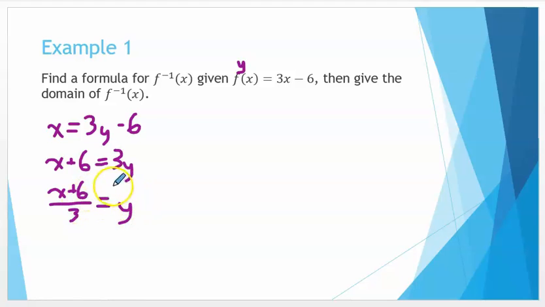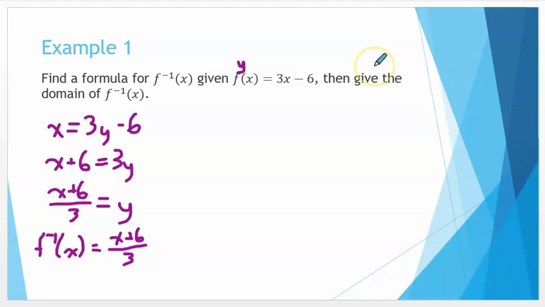Once you have solved the flipped equation for y, that is your inverse. So I would now write my answer as something like f to the negative 1 of x equals x plus 6 over 3. So that is our inverse function.